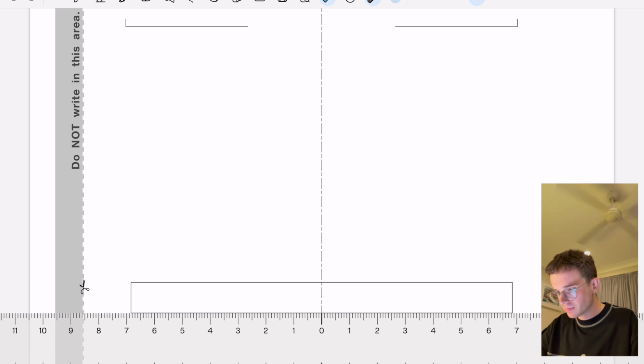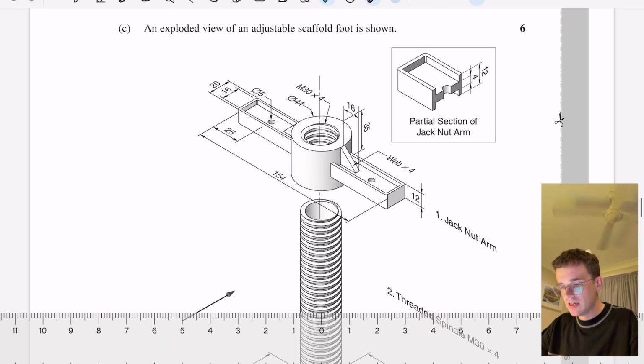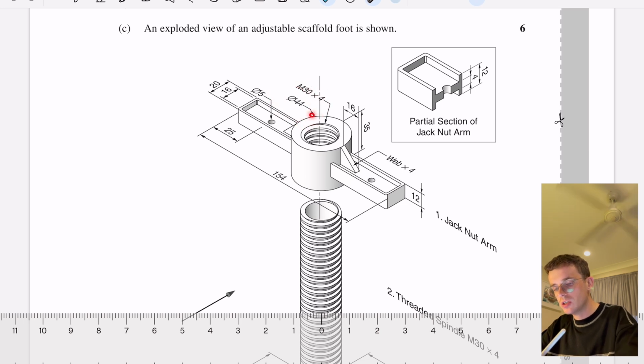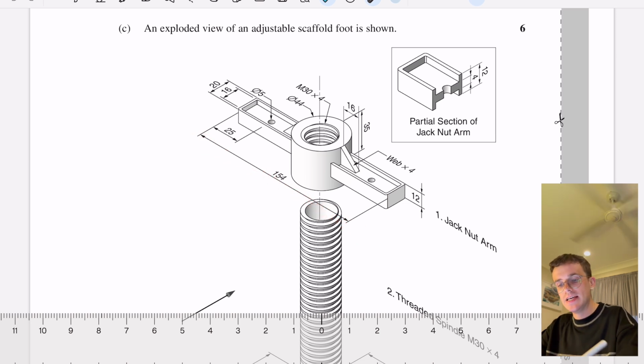So the other thing that's wrong with this question before I start is, let's just do a few calculations here. We can see that this is a 44 diameter nut, right? And we can see it's 154 mils long, this whole arm with nut together, this whole object here.